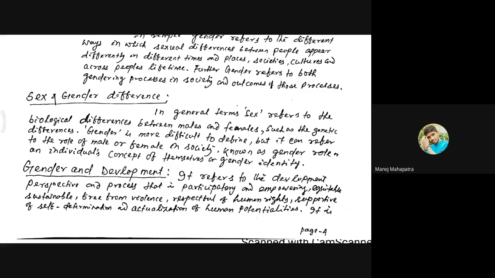Gender is more difficult to define, but it can refer to the role of a male or female in society, known as gender role, or an individual's concept of themselves, gender identity. So, gender and development. So, sex and gender differences.